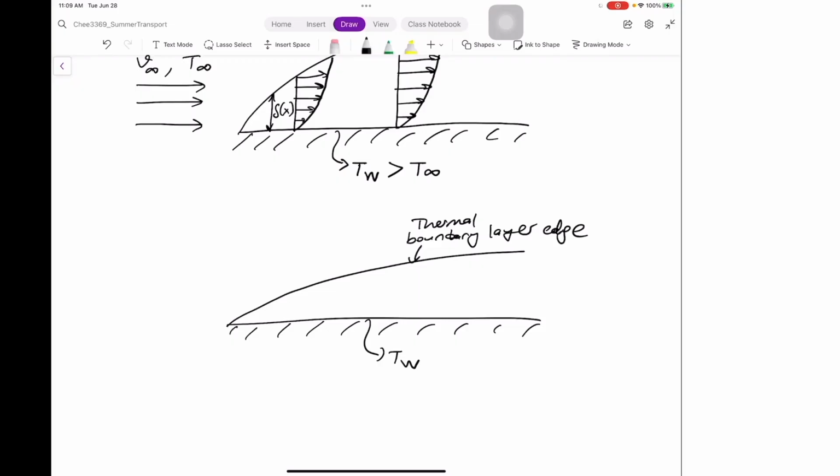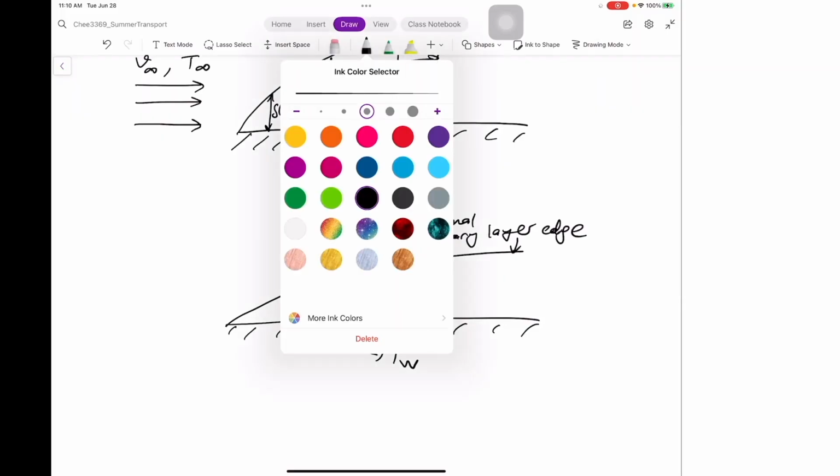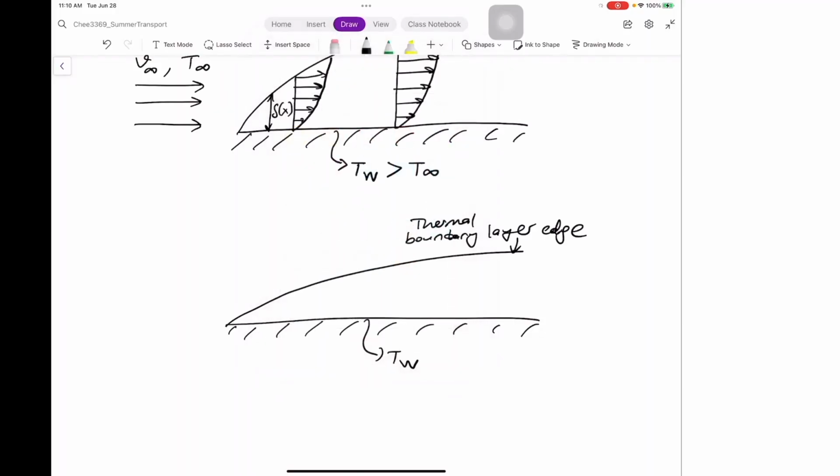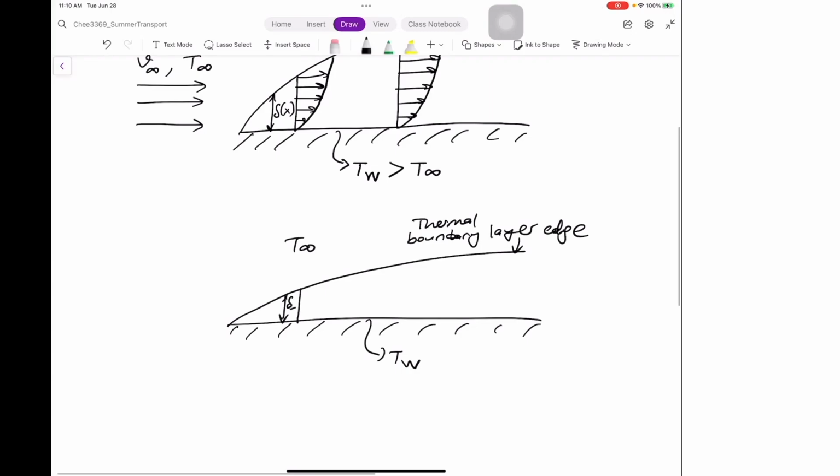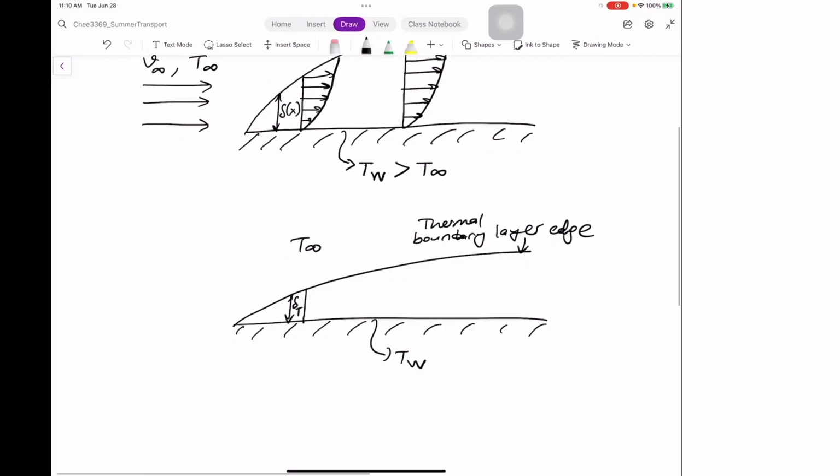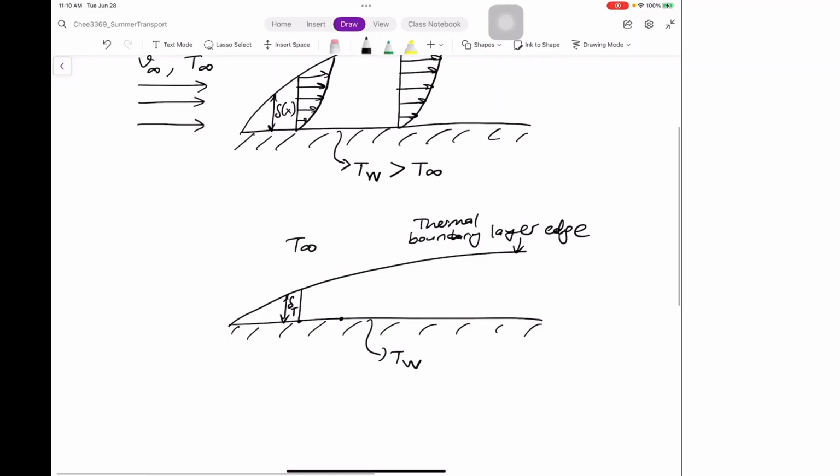T wall is much larger than T infinity, so this is our T infinity. Again, this is our y direction, and let's call this delta T, analogous to the delta for the hydrodynamic boundary layer. And this time the temperature at the wall is larger.